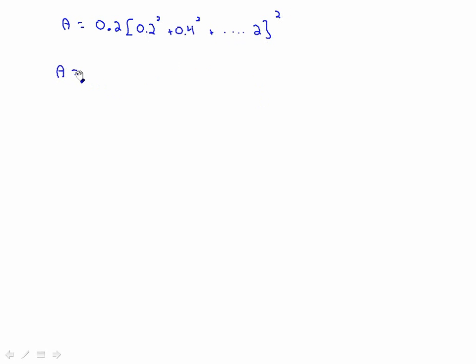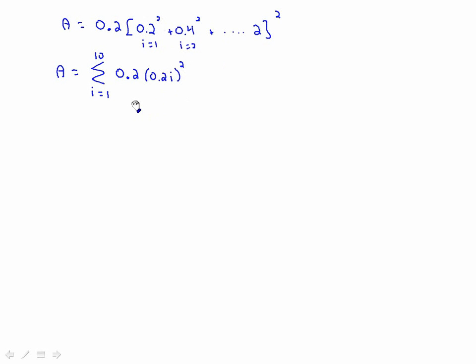Area is equal to the sigma from I is equal to 1, this time to 10, because we didn't lose any of them, times 0.2, and the formula turns out to be the same. If this is I is equal to 1, and this is I is equal to 2, to produce that 0.4, or that 0.2, or even the 0.6, all you're doing is multiplying 0.2 times I, and then because the formula requires you to square it, you do so.